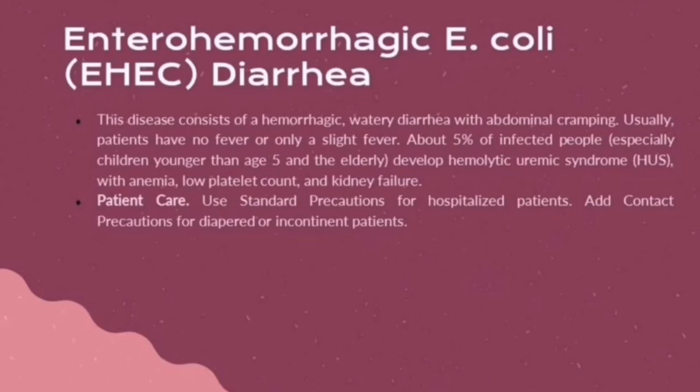About 5% of infected people, especially children younger than age 5 and the elderly, develop hemolytic uremic syndrome with anemia, low platelet count, and kidney failure. Patient care. Use standard precautions for hospitalized patients. Add contact precautions for diapered or incontinent patients.